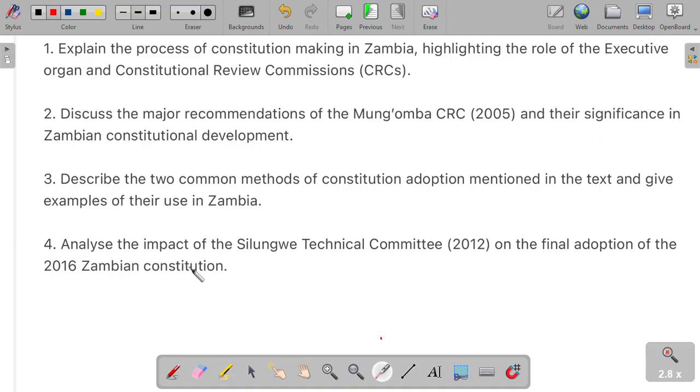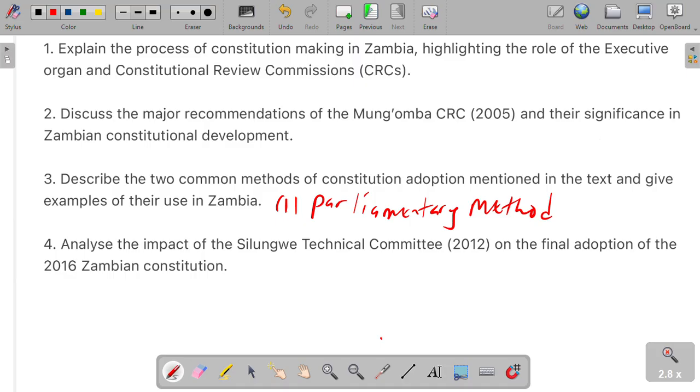Okay, so in your textbook, methods of constitutional adoption are: number 1, what is that? We have what we call the parliamentary method.